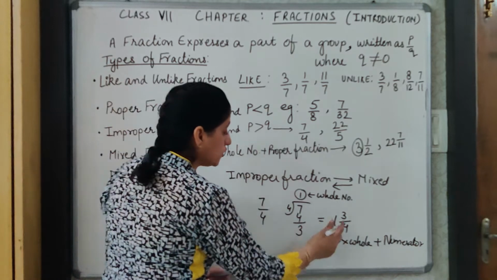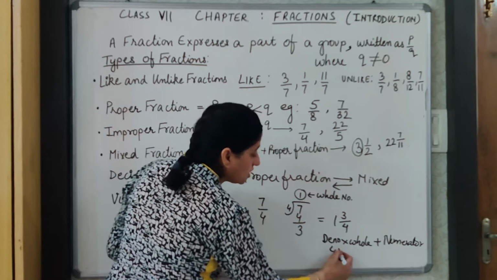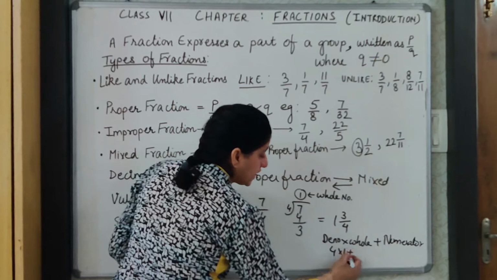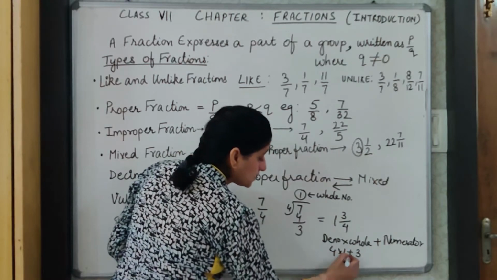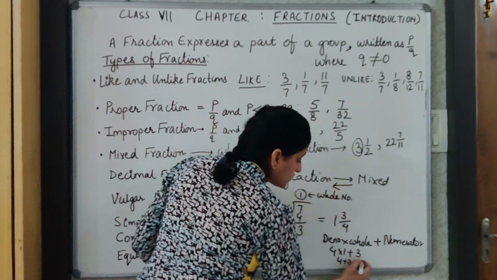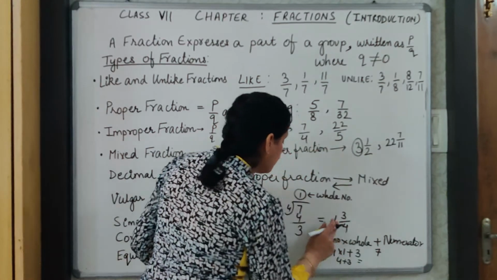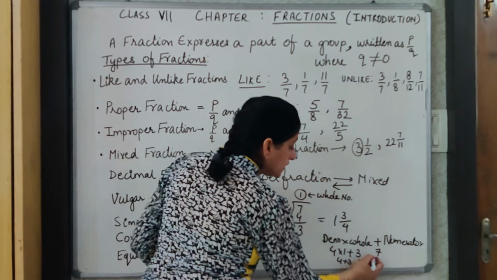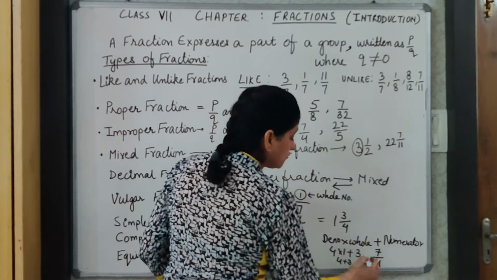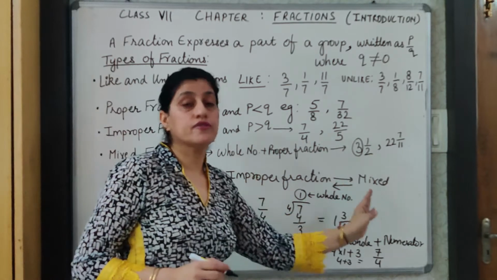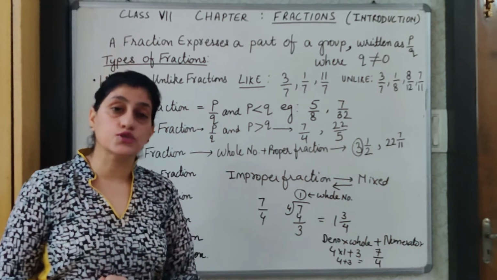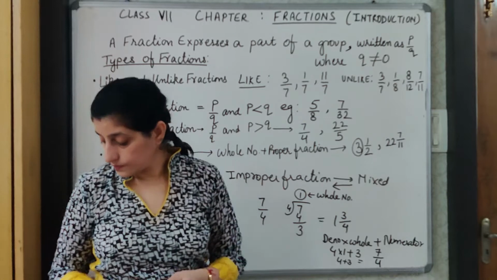So let's see, denominator is 4, whole number is 1, and we add the numerator to it. 4 ones are 4 plus 3, which gives me 7, which has become the numerator part, and the denominator is 4. So this is how we convert the improper fraction to mixed and mixed to improper.